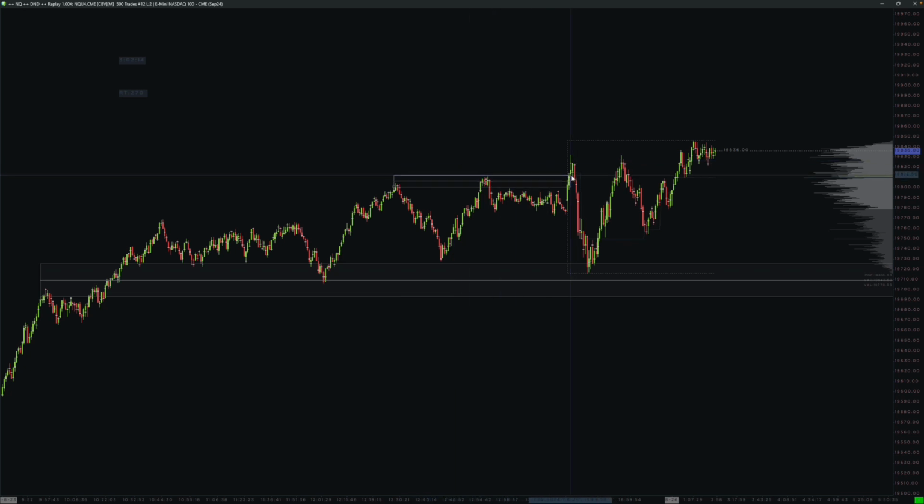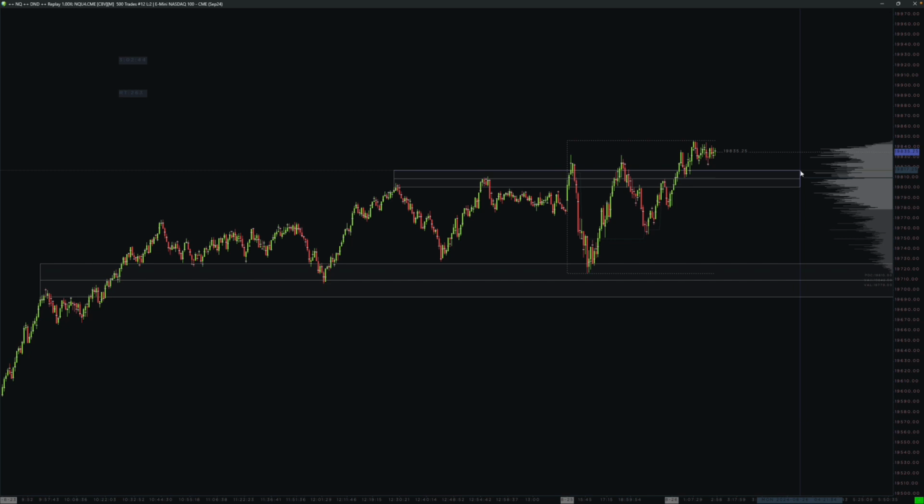Resistance, finds support, finds a little bit of support, but barely, and comes back down through it, and then support here. Okay, so this is not perfect, right? Because really what I'm also doing is when price comes back down to this area, I want to see what its reaction is.